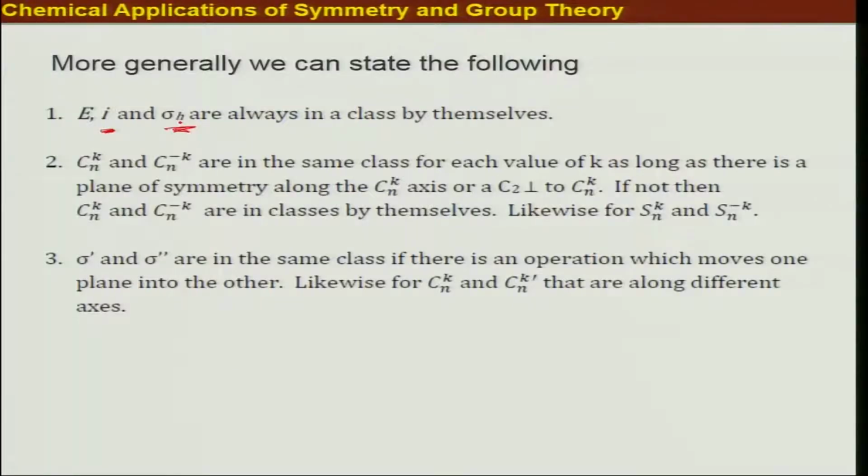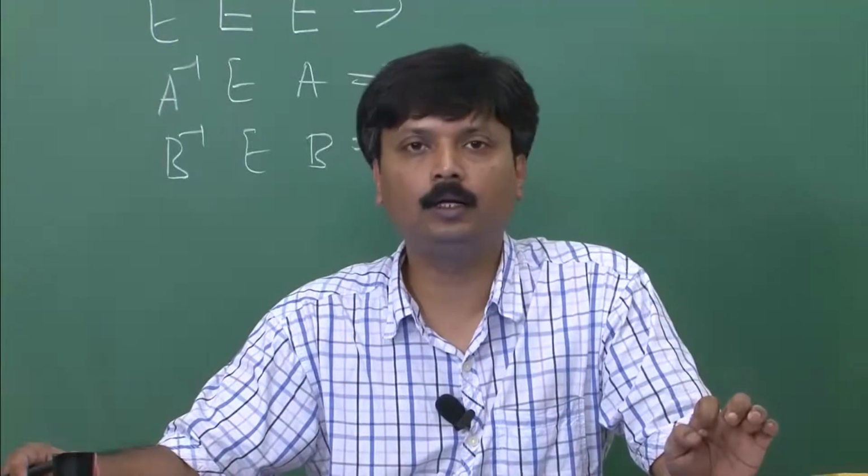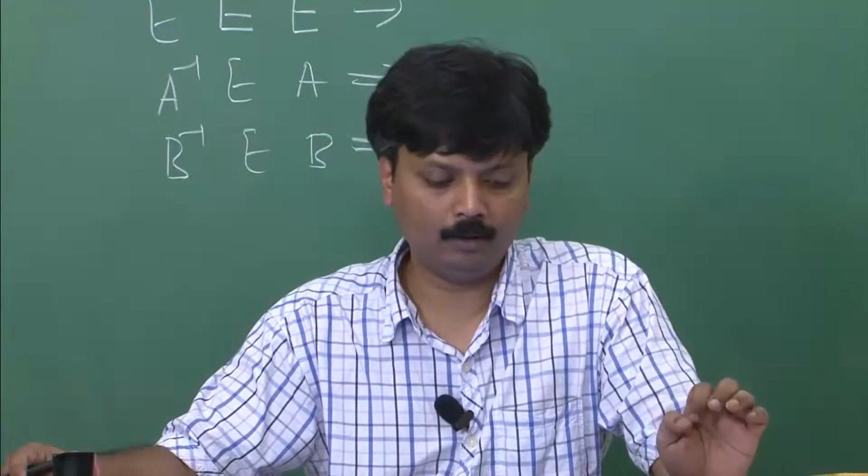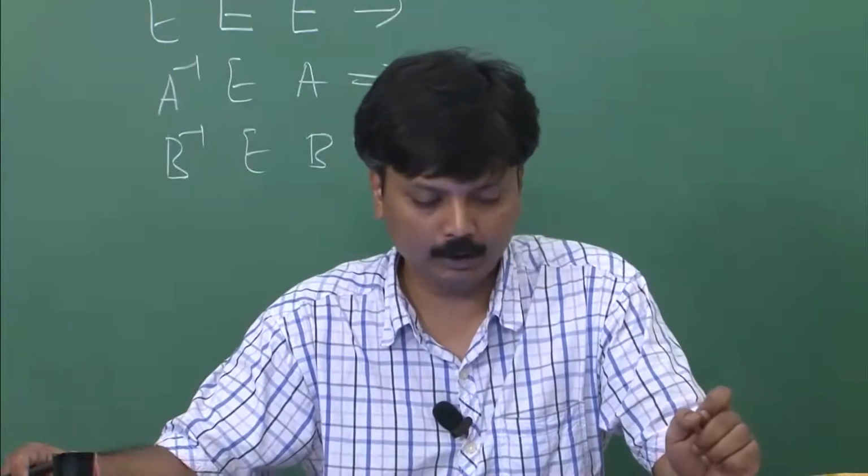Okay, it's not that any sigma. We will take an example later, and we can see that this is valid. But whenever you have a sigma h, it always forms a class by itself, and so does the inversion center.